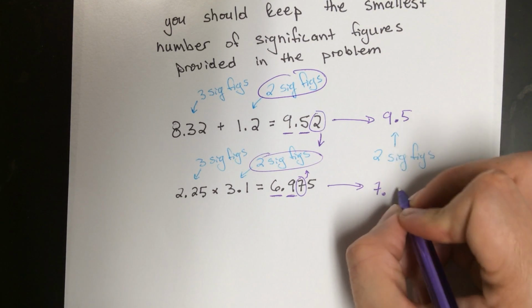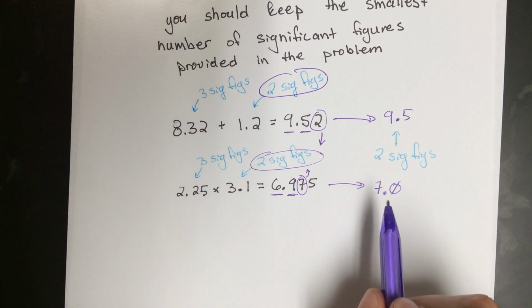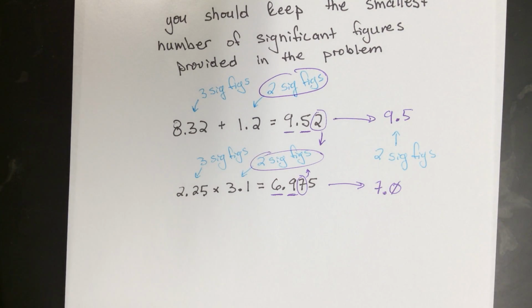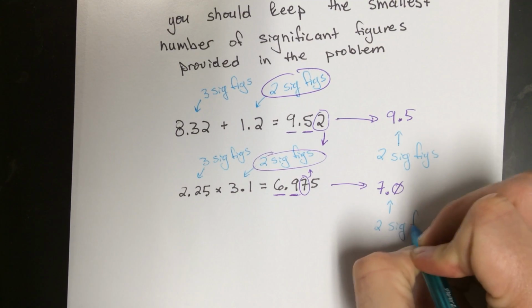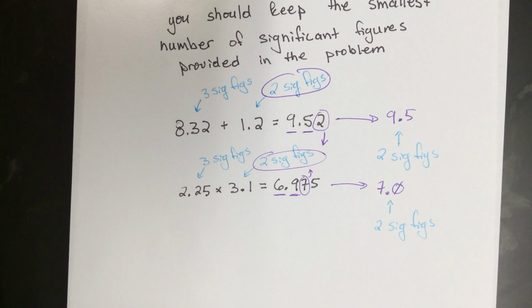So in this case, I must include the 0 after the decimal so that I have my required 2 significant figures. If I just wrote 7, that would only have 1 significant figure, and it would not be an accurate reporting of my work.